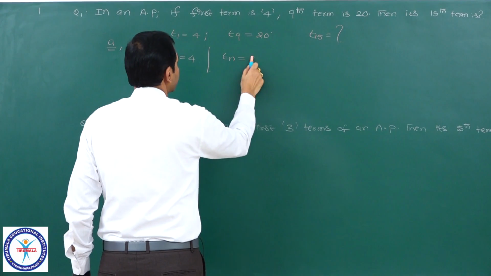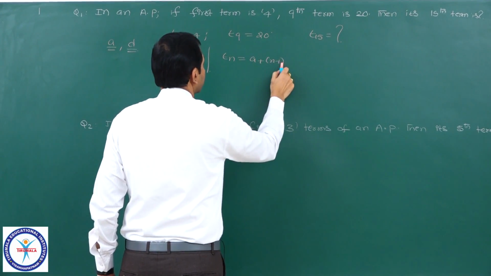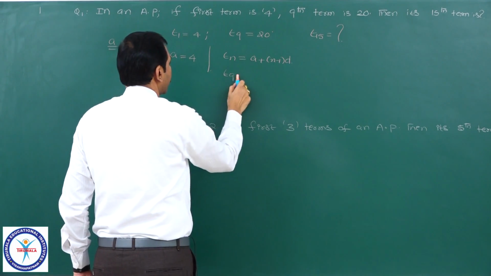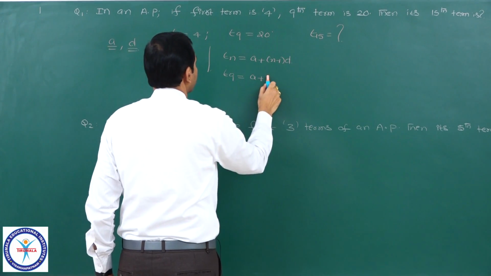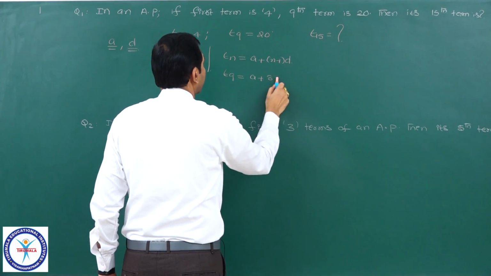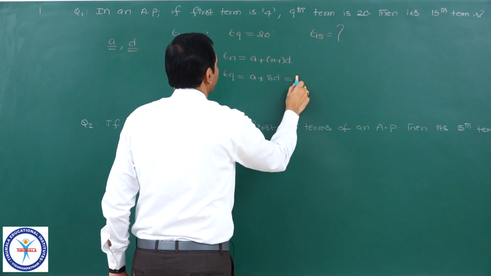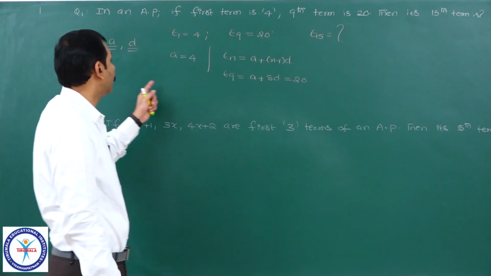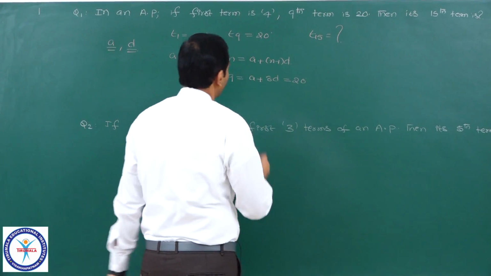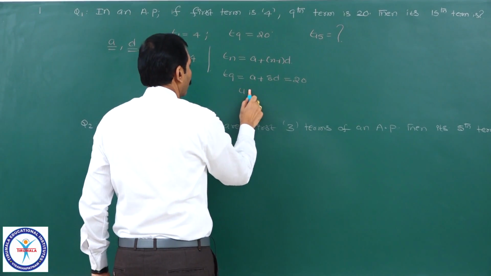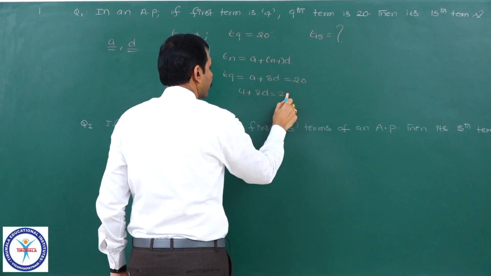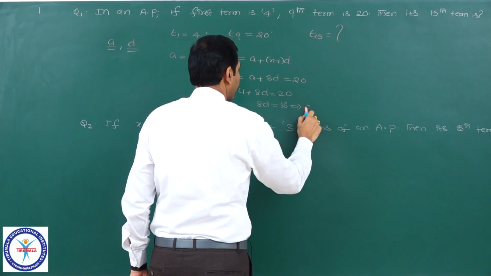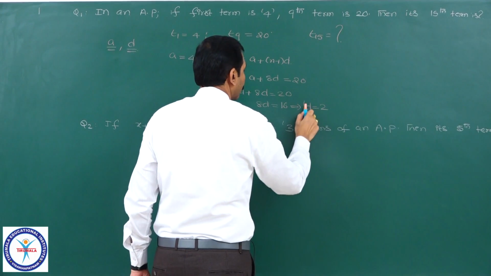You know, the nth term is A plus (n minus 1) into D. Given T9 is A plus 8D, equal to 20, where n is 9. A is 4, so 4 plus 8D is equal to 20, 8D is equal to 16, which implies D is equal to 2.